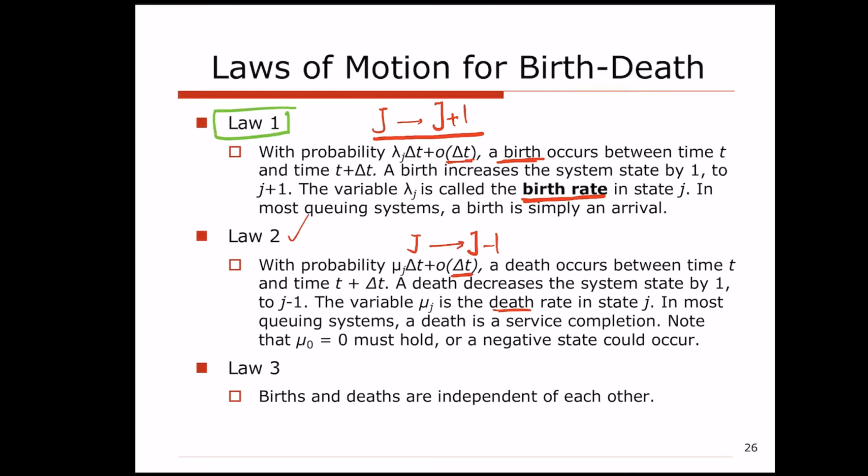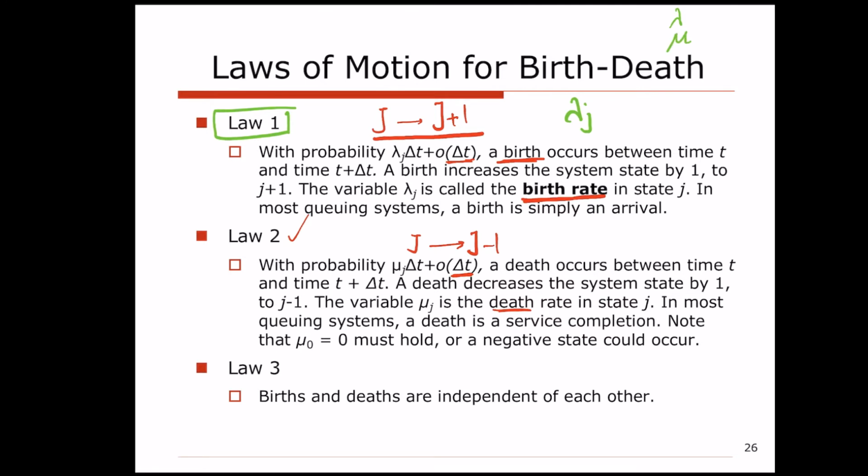For the first law, we call lambda j the rate of arrival to the system when there are j people in the system, or when the state of the system is j. For any queuing system, we need to know the rate of arrival to the system, which we show with the Greek letter lambda, and also the rate of departure from the system, which we show with the Greek letter mu.